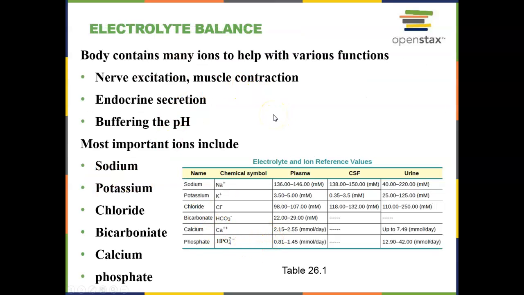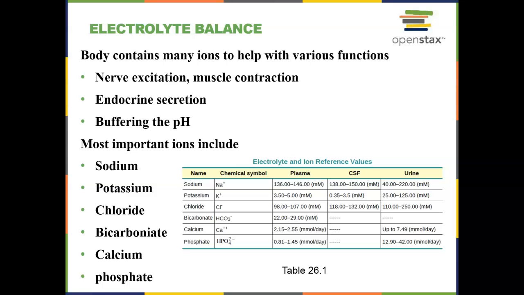The body also has to balance its electrolytes. So we have a lot of electrolytes. Electrolytes are ions that are either in our interstitial or in the extracellular fluids that help to cause the nerves or muscles to function properly.